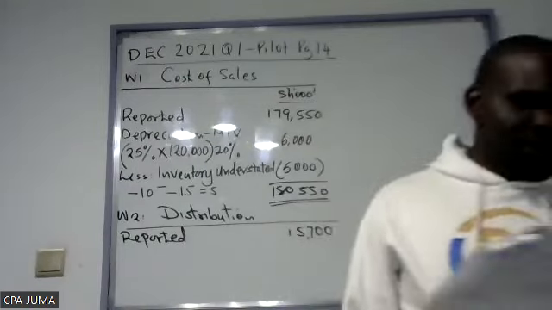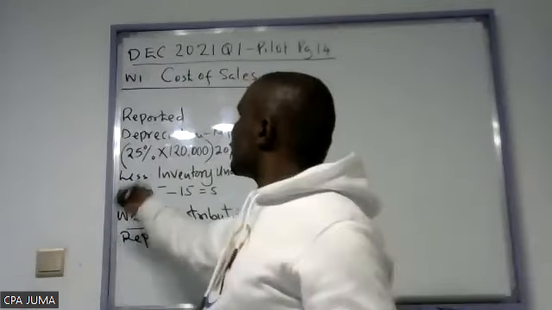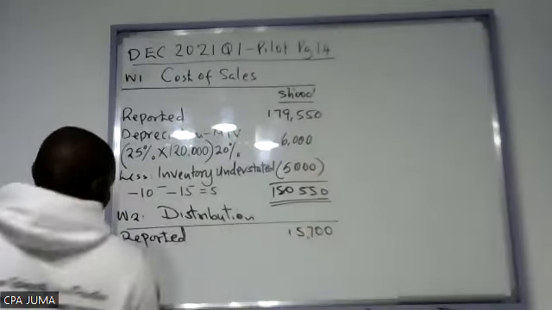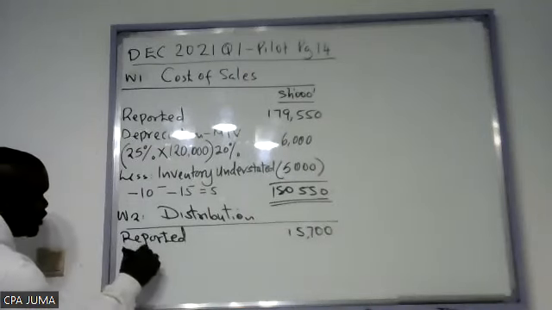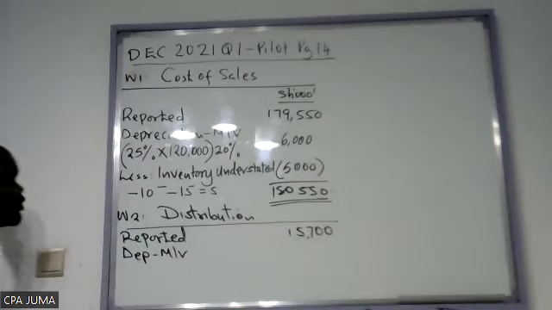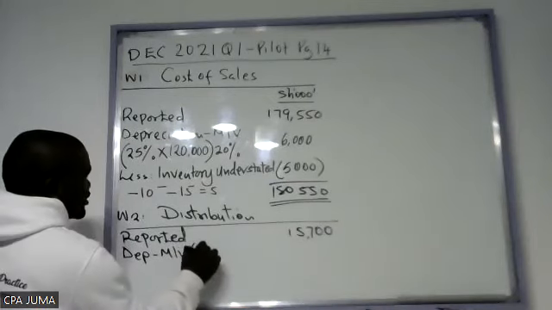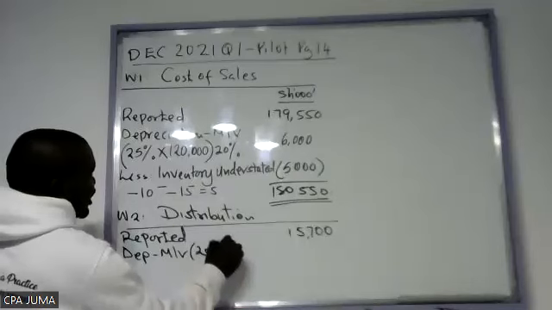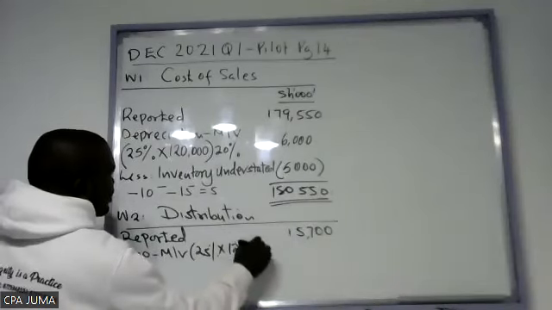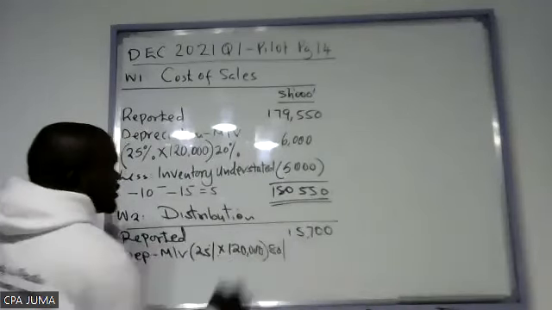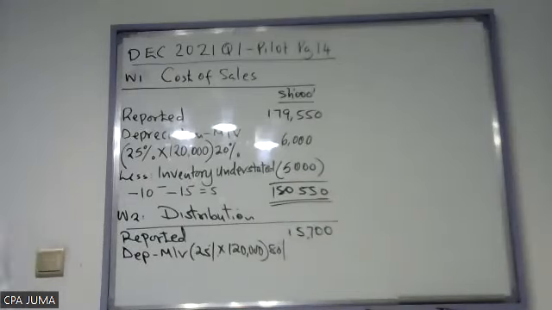So note number 2, the depreciation of motor vehicle. So motor vehicle, 25% times 120 times 80. Here they say we take 80%.